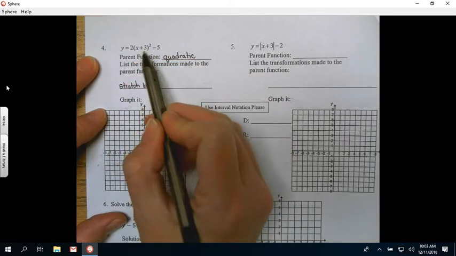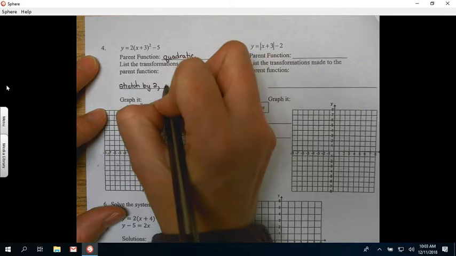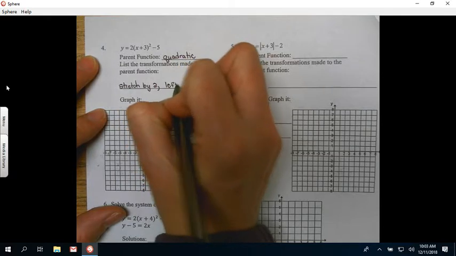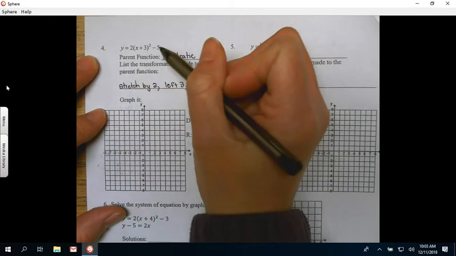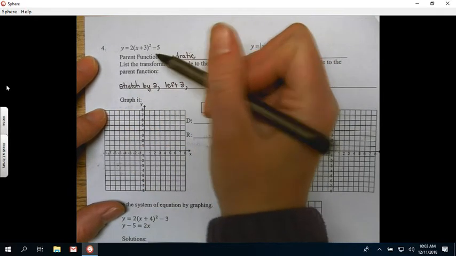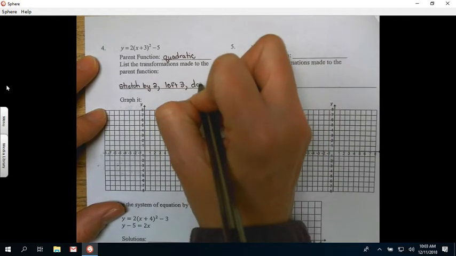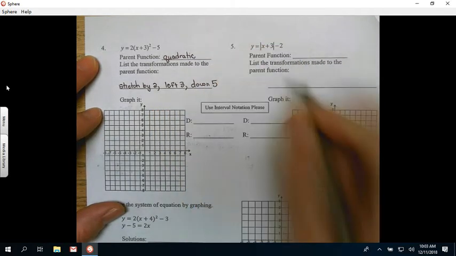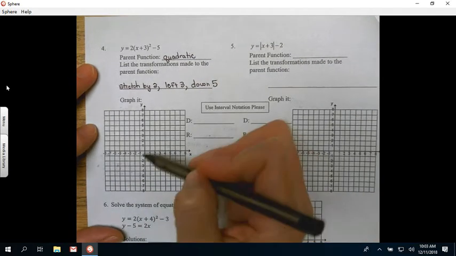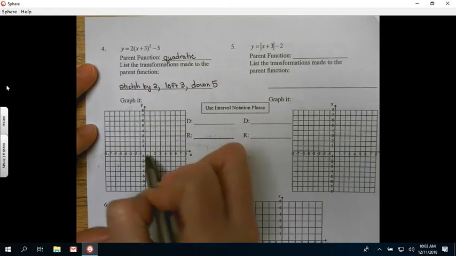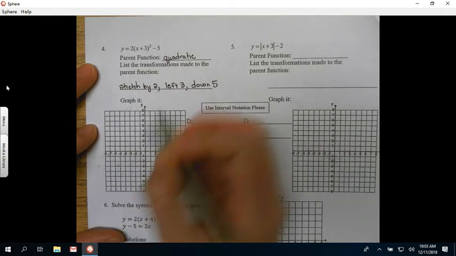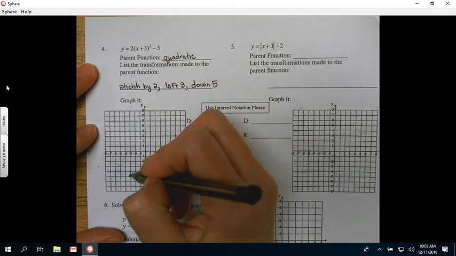Insiders lie, so this plus 3 is actually going to move it to the left 3. And the outside does exactly what it says it's going to do, so this is actually telling me to go down 5. So to now graph that, my vertex gets to move left 3 and down 5.